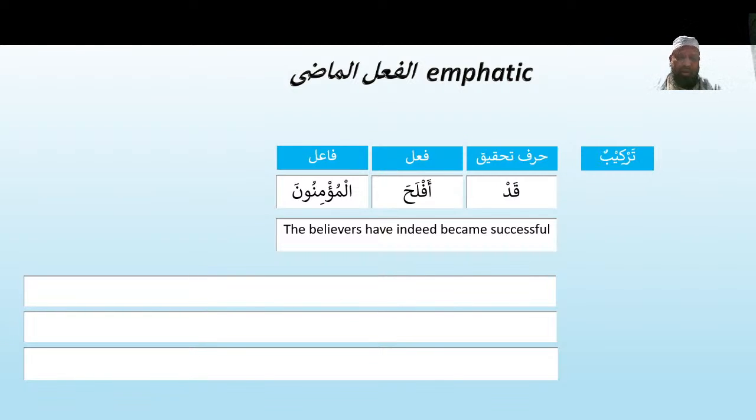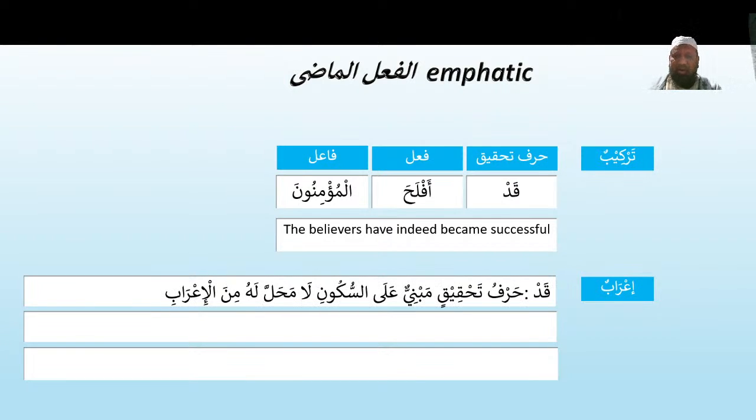Translation: the believers have indeed became successful. So here, because it's emphatic, we use the word indeed.